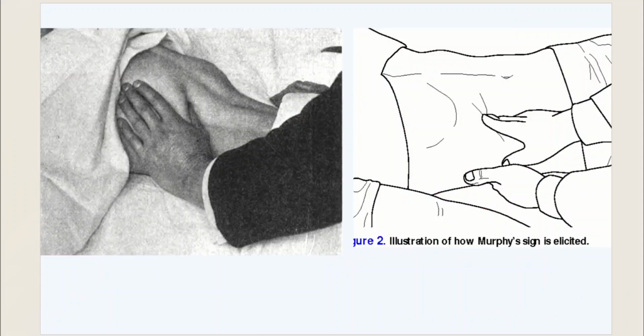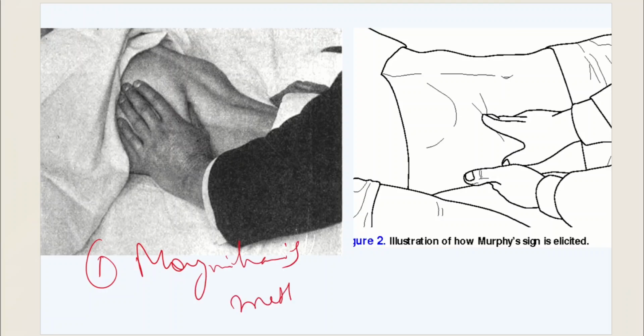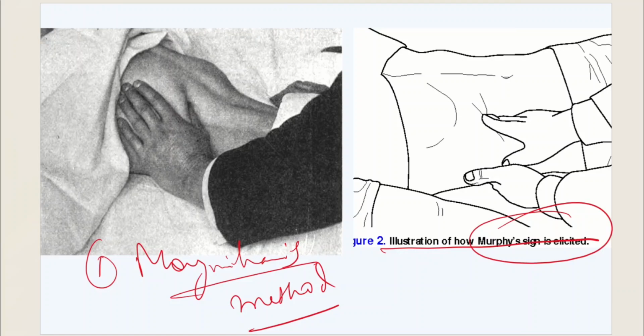Now here, the first diagram is Moynihan's method of looking for GB tenderness, and second is Murphy's sign. Murphy's sign is done in sitting position and during deep inspiration.